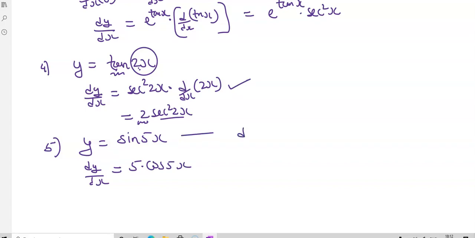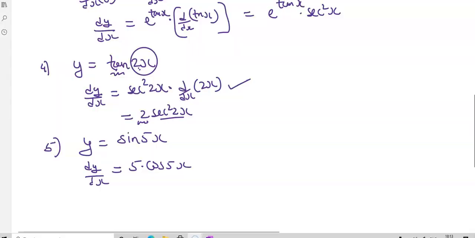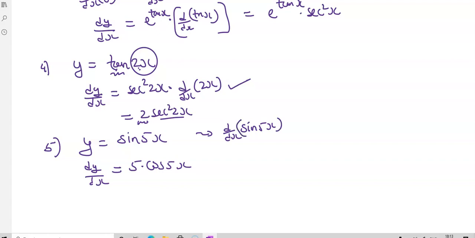You can do it like this also. You can do it in a long manner also, like d by dx of sine 5x can be treated as cos 5x into derivative of 5x, which is finally 5 cos 5x.